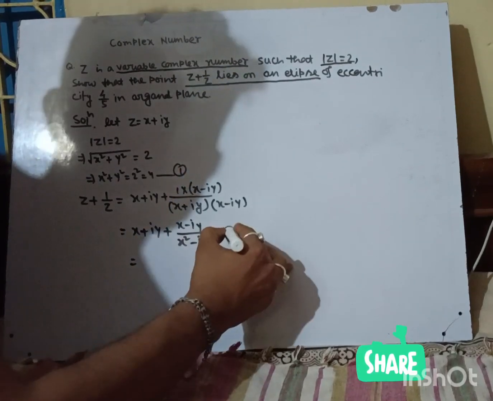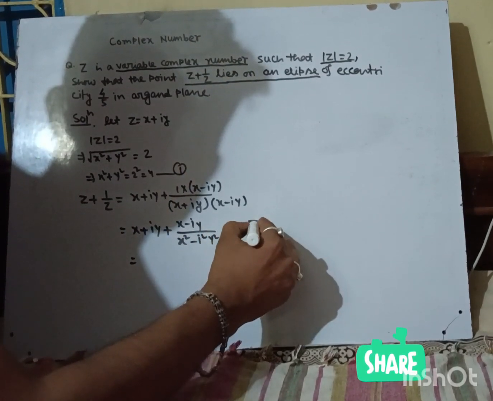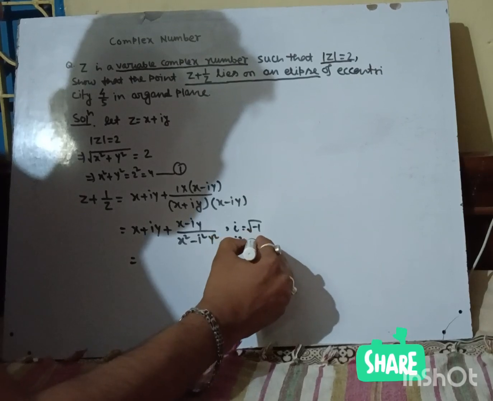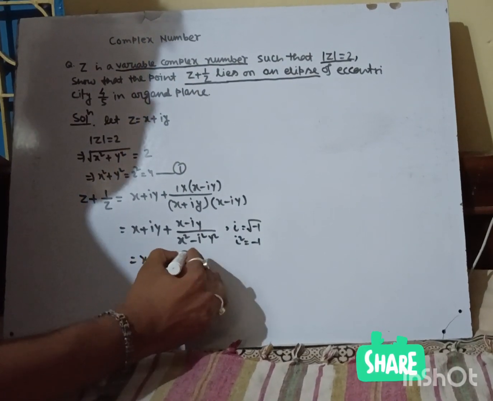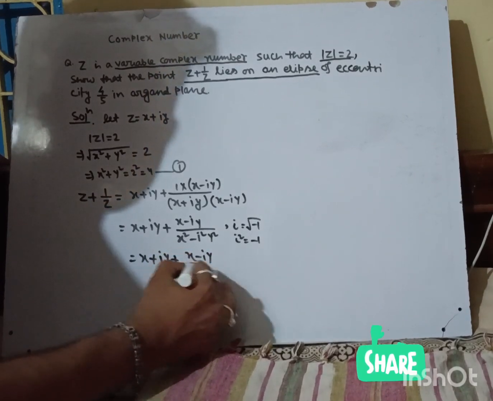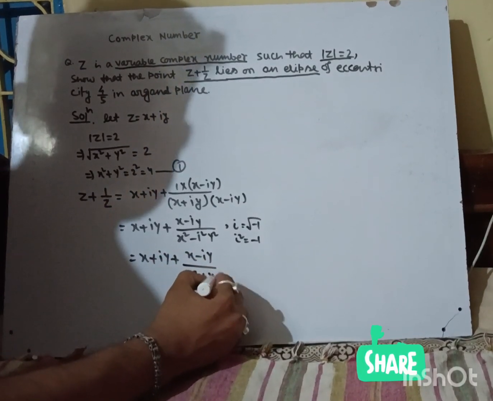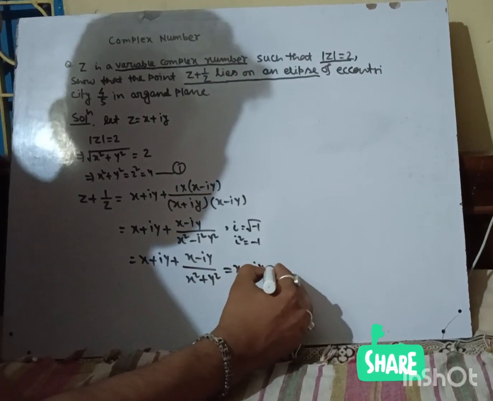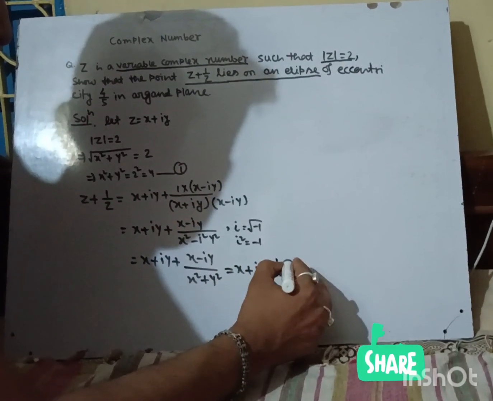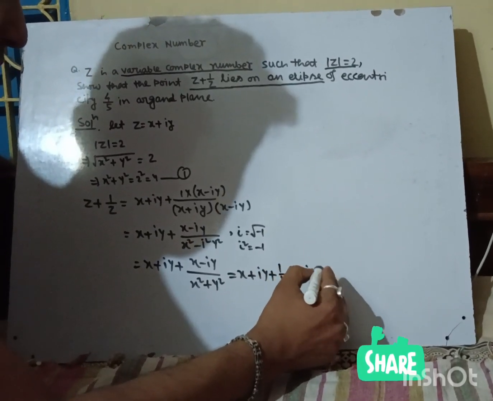Here i means root over minus 1, that is i square is equal to minus 1. So x plus iy plus (x minus iy) by (x square plus y square), that is x plus iy plus 1/4 of (x minus iy).